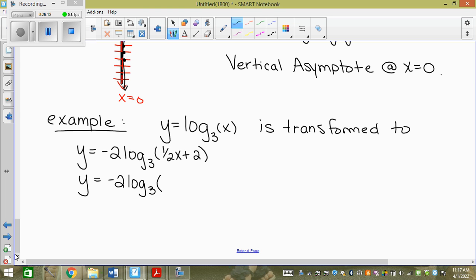And what do I get? 1/2 x plus 4. Remember, when you GCF out a fraction that is less than 1, your C value, because that's your C value, your B and the C, will become bigger. Correct? Bigger. Because you're dividing by 1/2, which is like multiplying by 2.